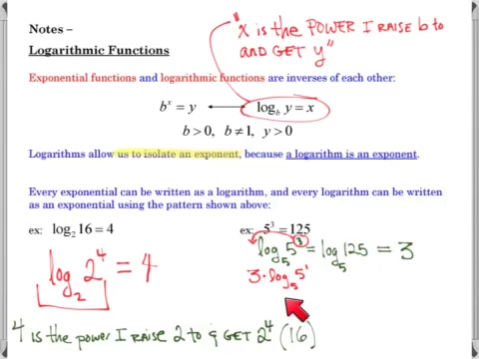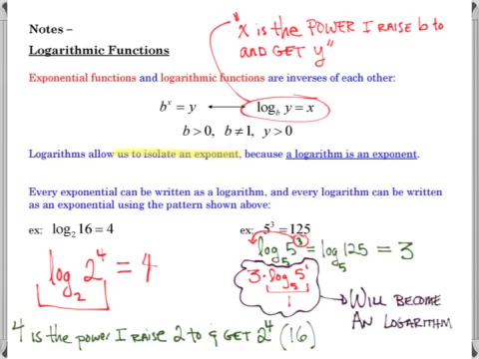And log base 5 of 5 to the 1st, well, that's going to equal 1. 1 is the power I raise 5 to and get 5 raised to the 1st power. We could have looked at it over here too and rewritten this as 125 is 5 to the 3rd, and we would get 3 is the power I raise 5 to and get 5 to the 3rd power. Again, we'll look at one of our properties next time in terms of what logarithms follow.